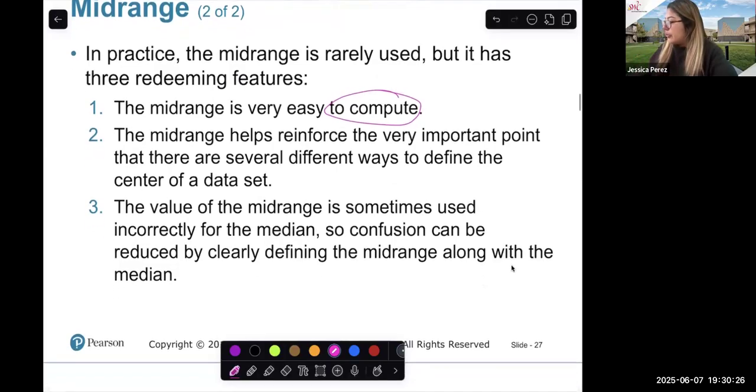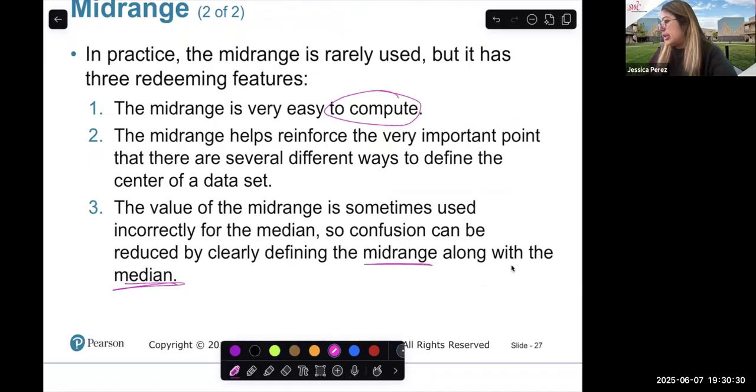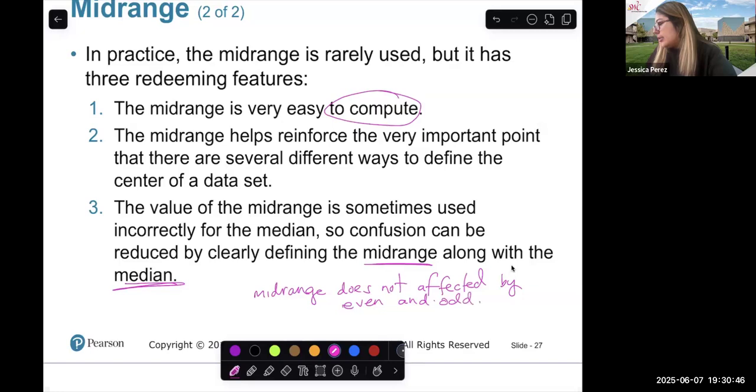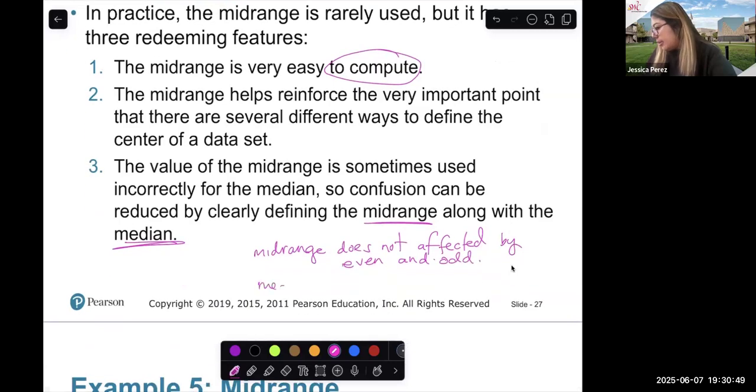So remember the difference between a mid-range and a median. One of the differences is that the mid-range is not affected by evenness or oddness, right? Whereas the median is affected, in the way that it's computed, by even and odd.